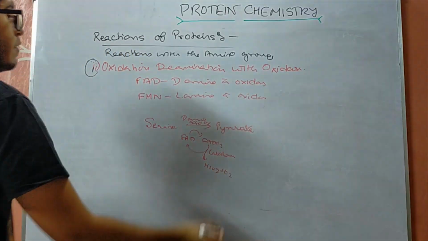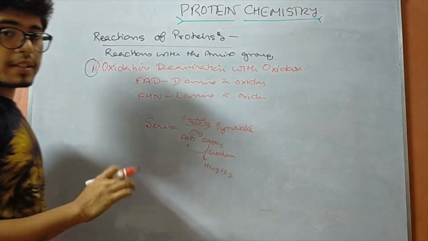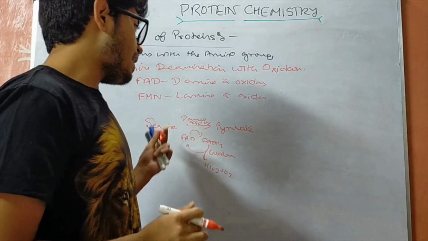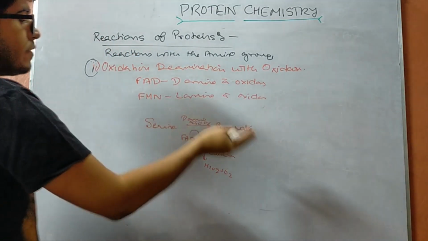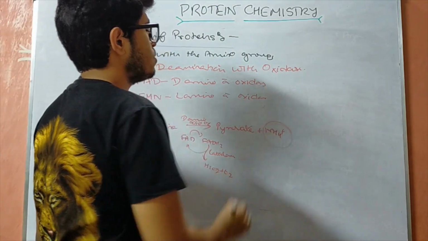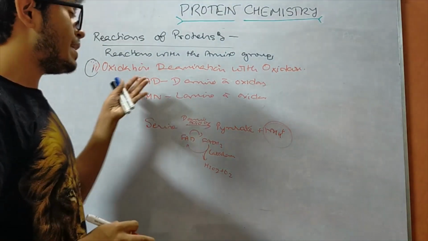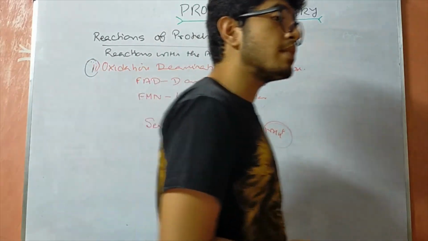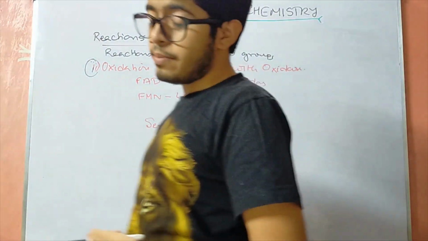So this is the reaction, serine to pyruvate, taking place through an intermediate step, an alpha-amino intermediate. Finally we get pyruvate, where FAD and FADH2 are converted, and we also release one molecule of NH4. So these are the reactions of oxidative deamination with the help of flavin dinucleotide and flavin mononucleotide, the D and L amino acid oxidases, which are very important.